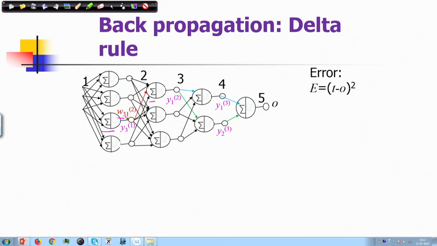Our convention is to denote the weight connectivity from the output of the third neuron of the previous layer to the current layer in this form. Similarly, the output of the third neuron of the previous layer, which is layer 1, is denoted y31, and the output of the first neuron of layer 2 is denoted in this form.